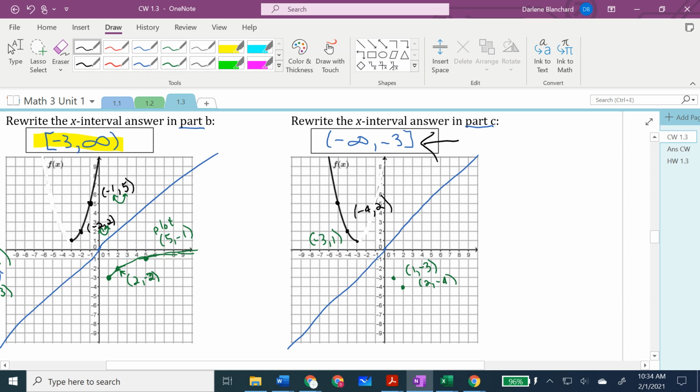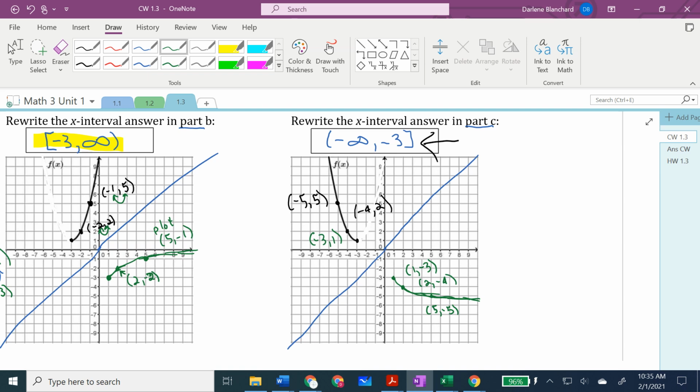This point is negative 5, 5. I'm going to plot 5, negative 5. And once you feel like you have enough points, you can draw what you think is the correct inverse.